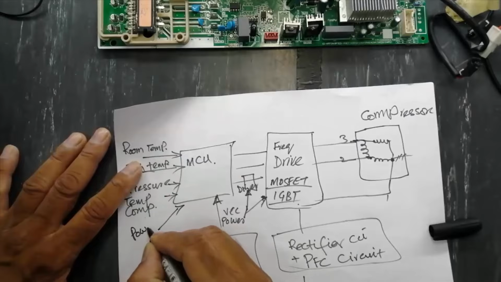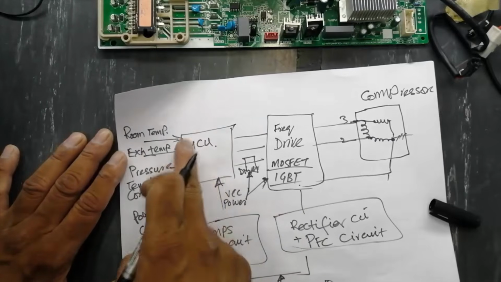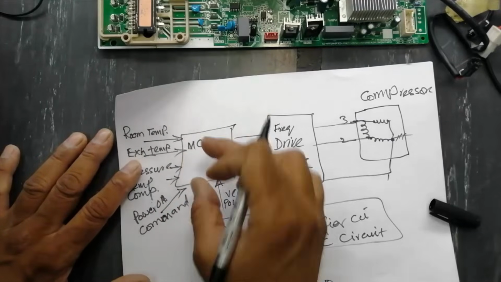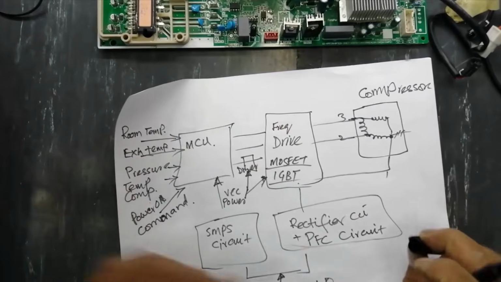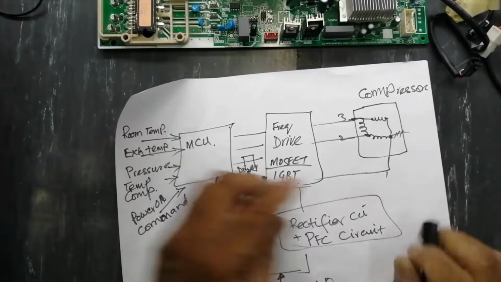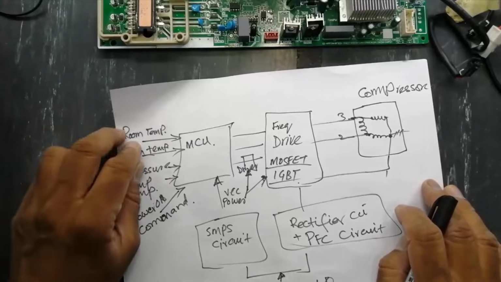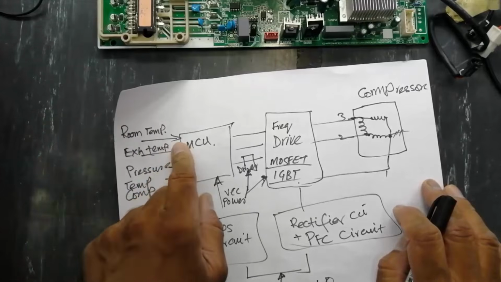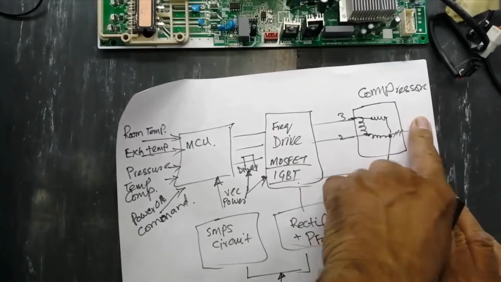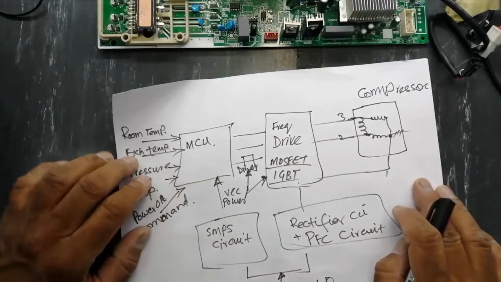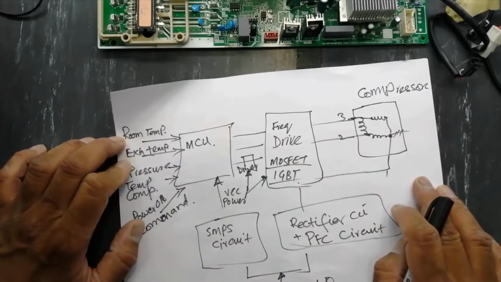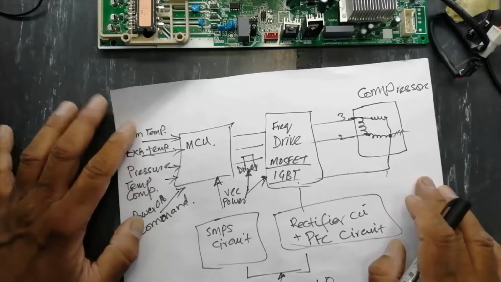The power on command is injected here because it is software controlled. Instructions are given to this microcontroller: if the room temperature is this, you have to turn on the compressor at this speed. Maybe it is taking commands from the indoor unit control board.